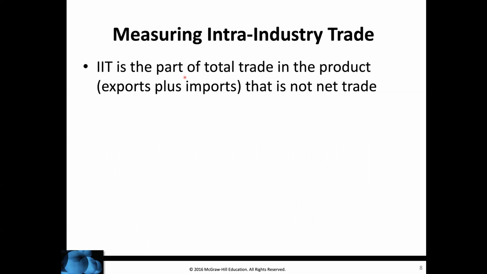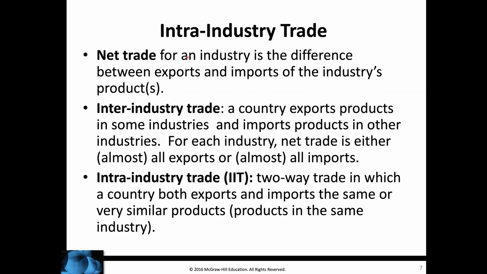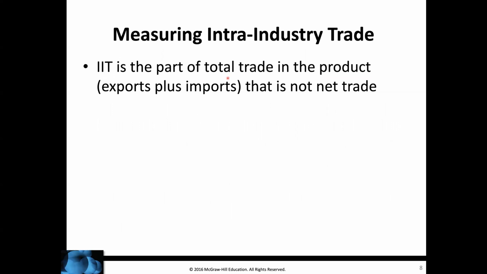IIT is the part of total trade in the product, exports plus imports, that is not net trade. You remember net trade is the difference between exports and imports of the industry, whereas IIT is the part of total trade. So total trade is exports plus imports, that is not net trade.